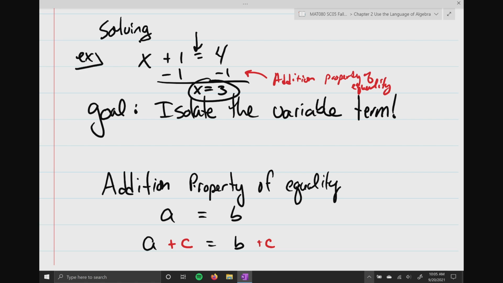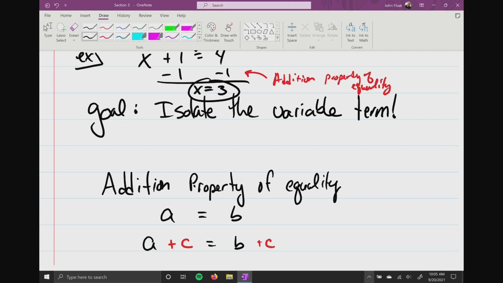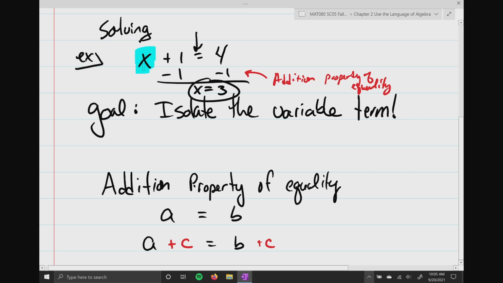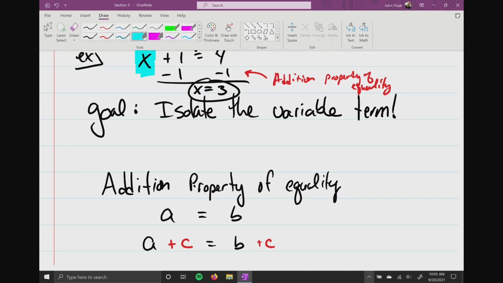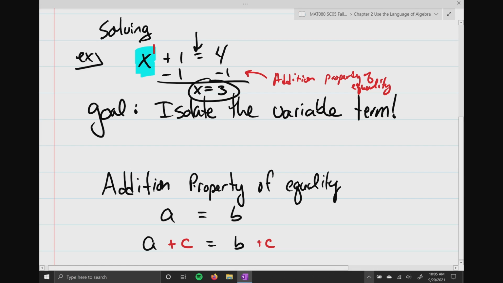First thing is first. In this class, from now until towards the end of the semester, we're going to be solving linear equations. Now, what makes an equation linear is the fact that, and I'm going to highlight this, you look at the variable, okay? And the exponent on that variable is a 1.